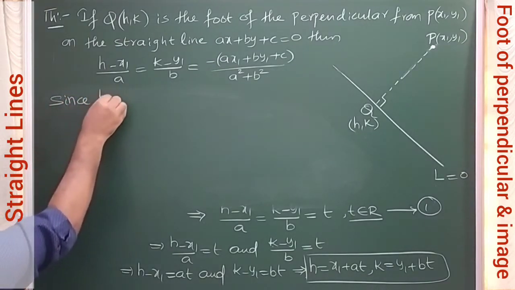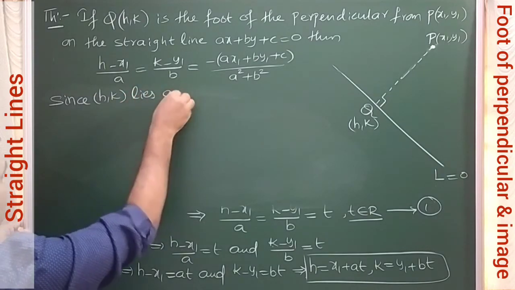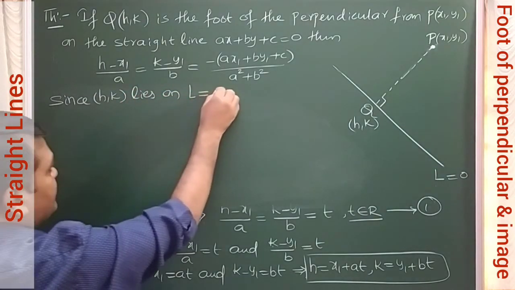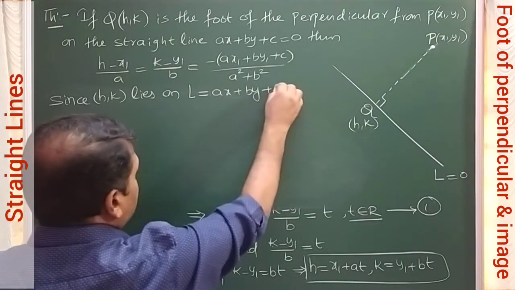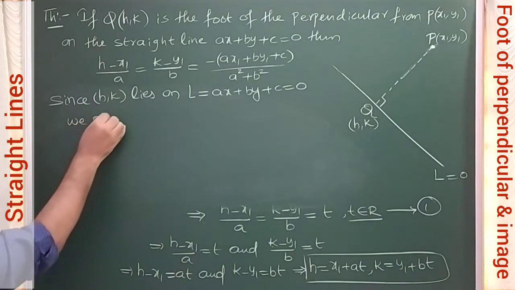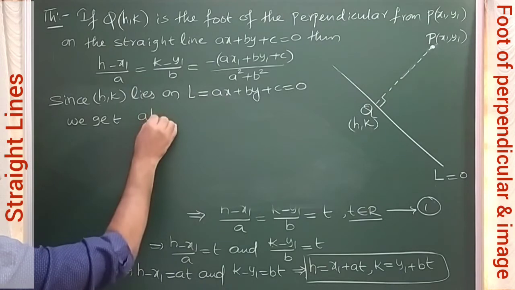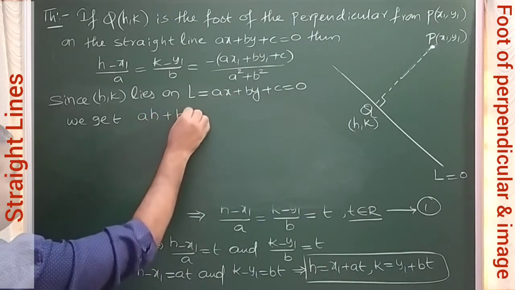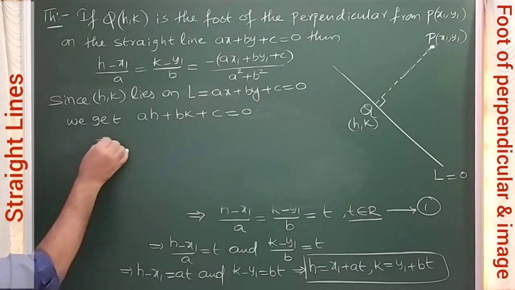Since h comma k lies on the line L, ax plus by plus c is equal to 0, we substitute h comma k in the line, we get ah plus bk plus c is equal to 0.